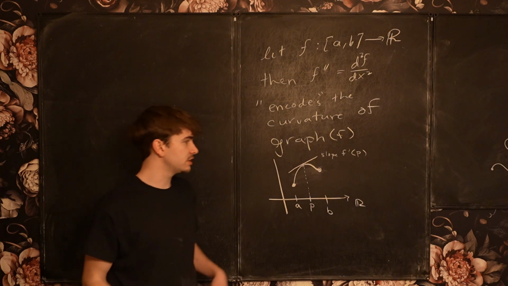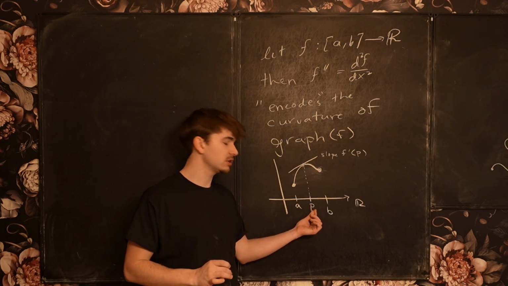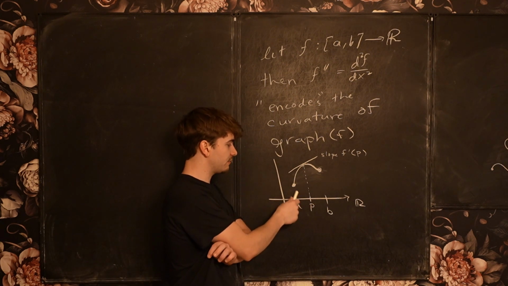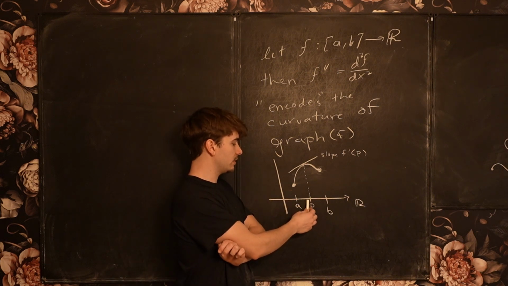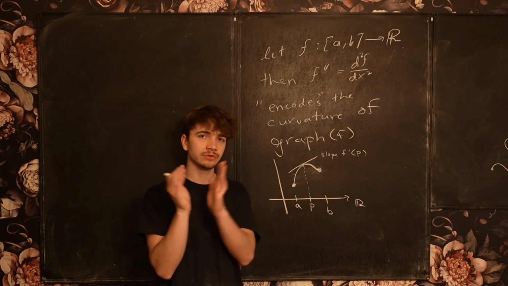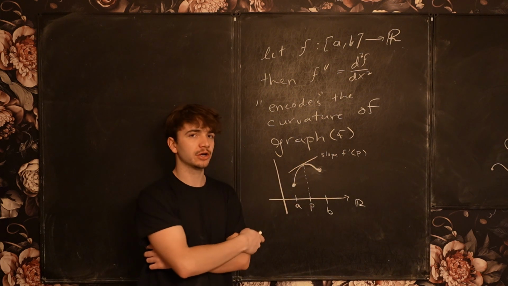The first thing to note is that this is a very local notion. It depends very locally on p. In particular, I don't actually care about the behavior of the function when it's far away from the point p. I only care about the behavior of the function when it's really close to the point p. That's what's going to tell me the tangent line to the curve at p.